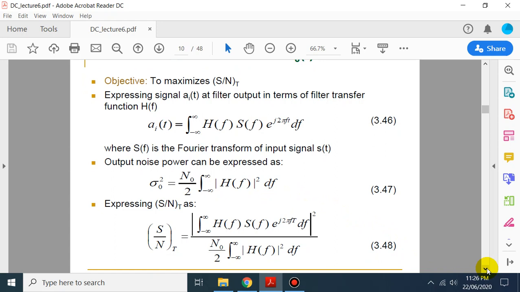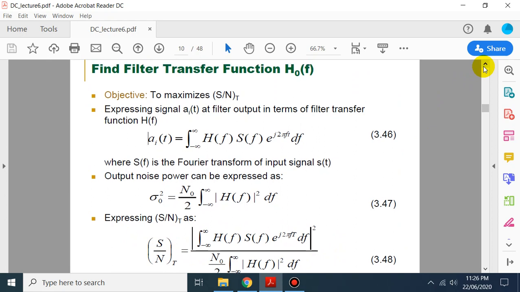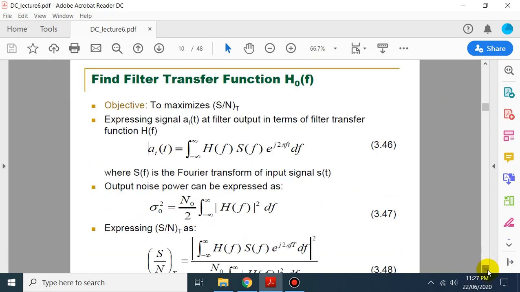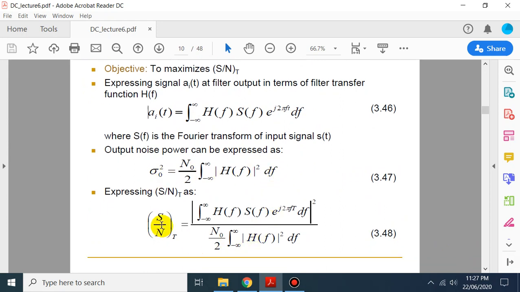Now, expressing the signal to noise ratio, we use this one divided by this one, as I told you, we make an approximation from this. Just wait a second. From equation 3.45 we have a_i(T) and sigma squared, so we put them here.